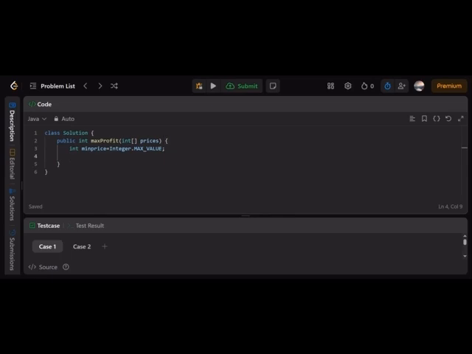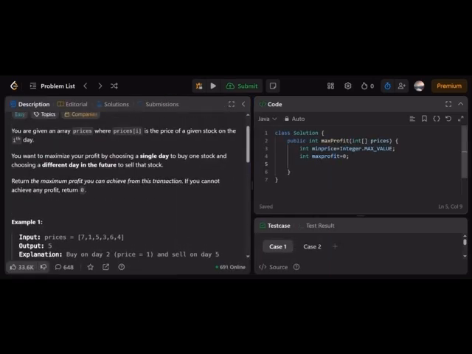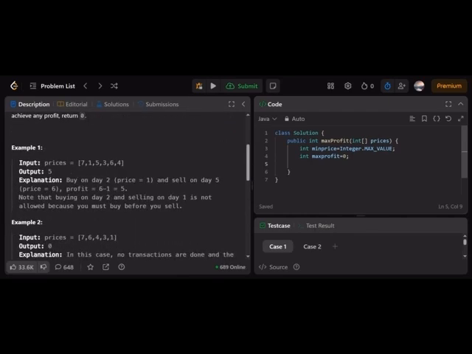Next, we're going to make a max profit variable, so we need to find out the maximum profit we can get. Now this problem can be solved by using two for loops, that is two passes. One pass for tracking this number, and another for loop to go through the next numbers, right?